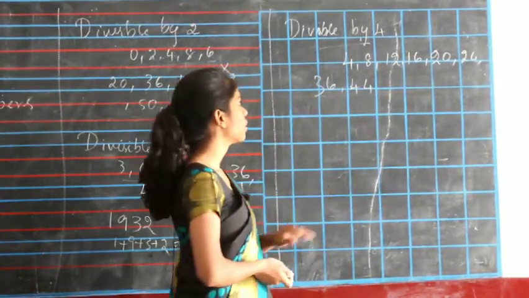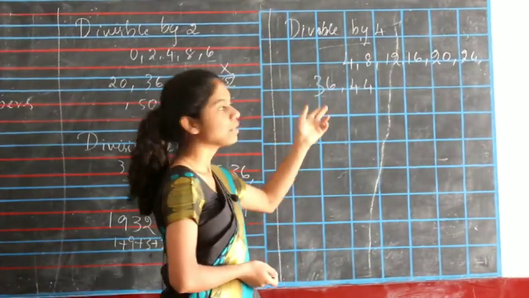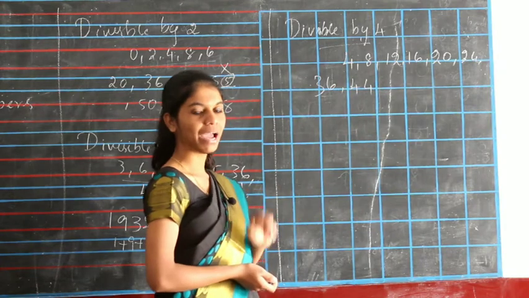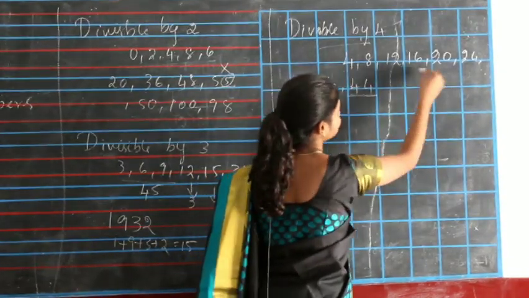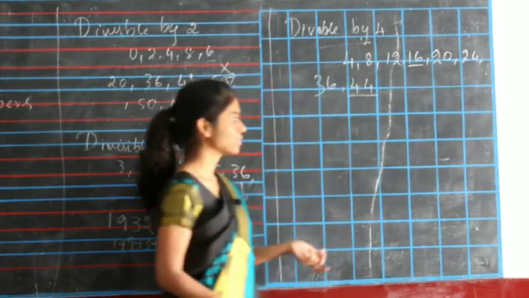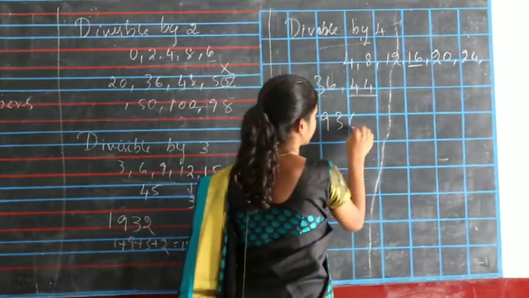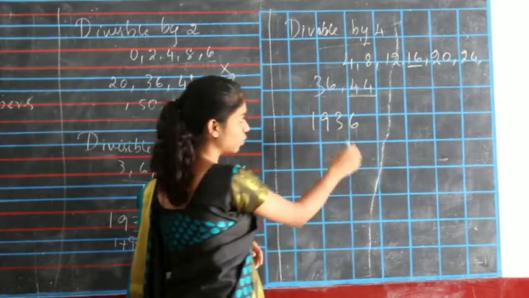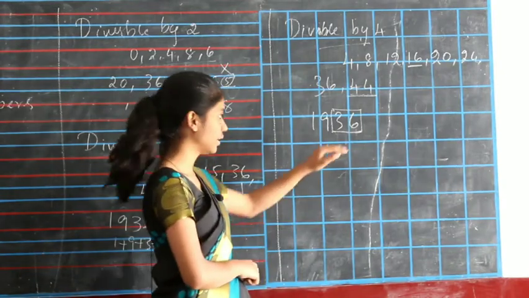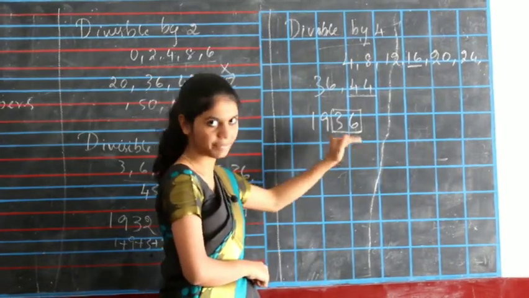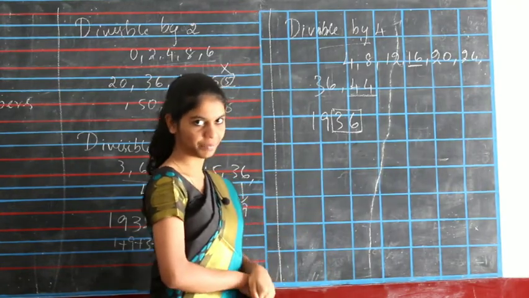In order to find whether a number is divisible by 4, you have to look at the last 2 digits. For example, if you are taking a bigger number, 1936, you have to look at the last 2 digits. If the last 2 digits are divided by 4, then that number can be divided by 4.